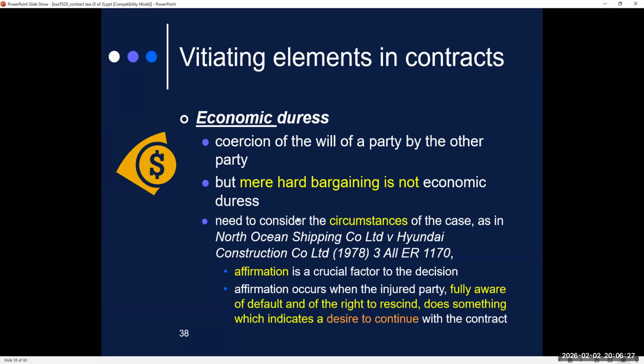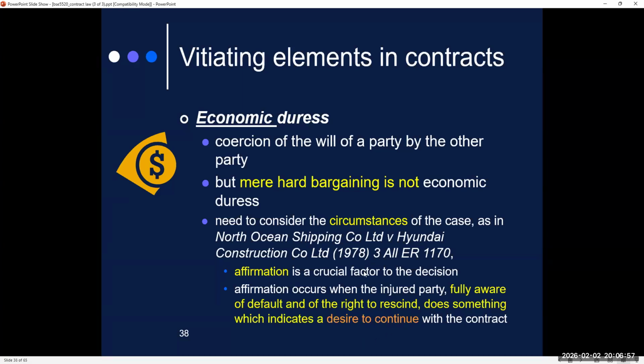So again, we need to consider the circumstances to decide whether it is really duress or not. In the Law of the Ocean shipping case, affirmation is a crucial factor in deciding whether it is duress or not. So being fully aware of the default and of the right to rescind indicates a desire to continue.